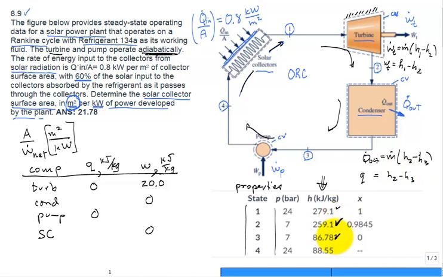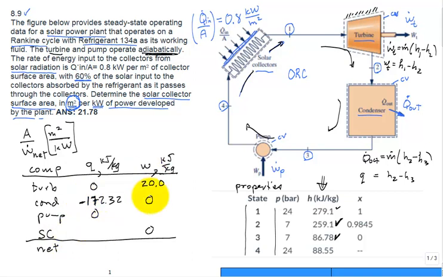We're given the h3. So q of that condenser is 172.32. And at this point, because I'm going to sum all of these to get the net, I want to revert back to the sign convention, because really this is a heat rejection right there.